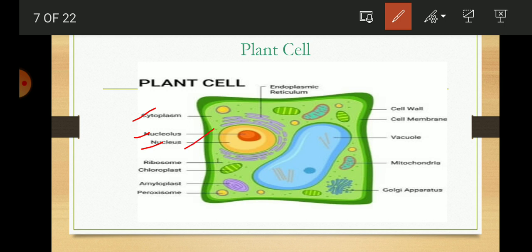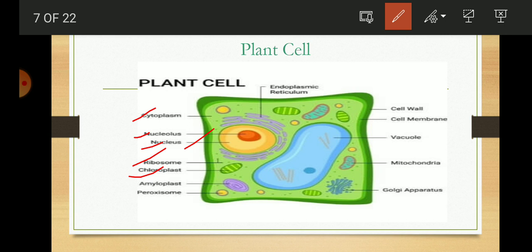Thereafter we have ribosomes. Ribosomes help in the formation of protein. Then we have chloroplast. We have already discussed chloroplast in the first chapter, that is, nutrition in plants. Thereafter we have amyloplast, which are groups of amylose.